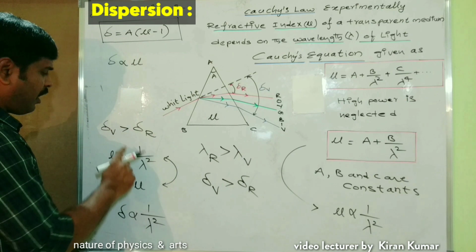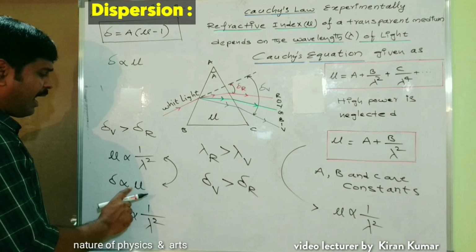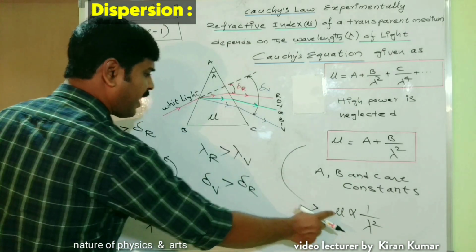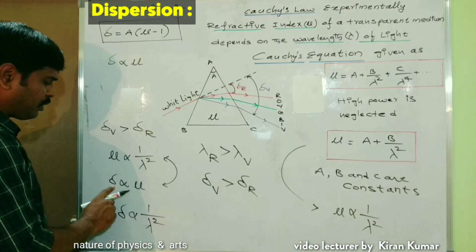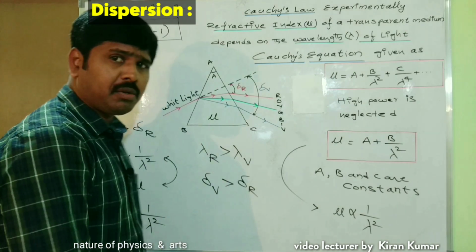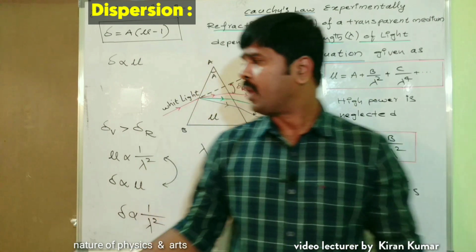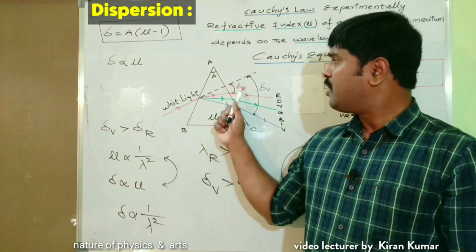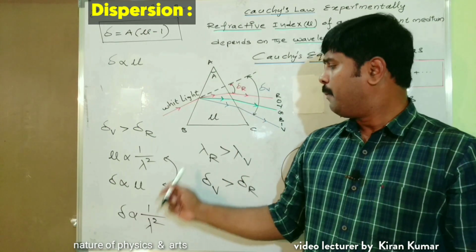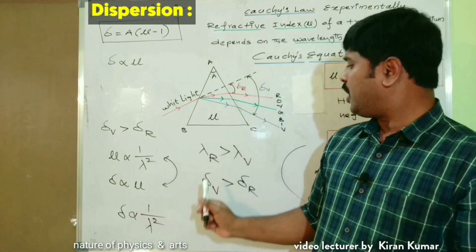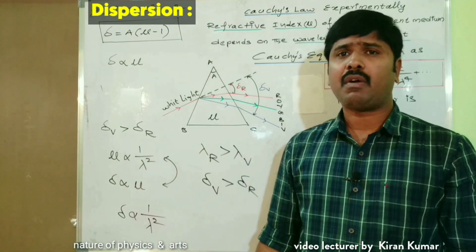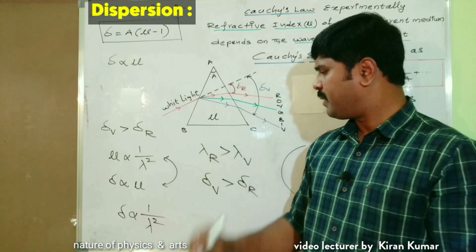Based on this, the refractive index is directly proportional to the deviation angle. That's why the deviation angle is inversely proportional to the square of the wavelength. Experimentally, the deviation of violet color is greater than red color, and according to the Cauchy equation, the wavelength of red color is greater than the wavelength of violet color. Please copy this.